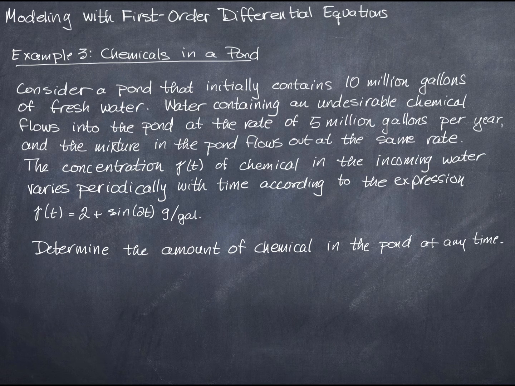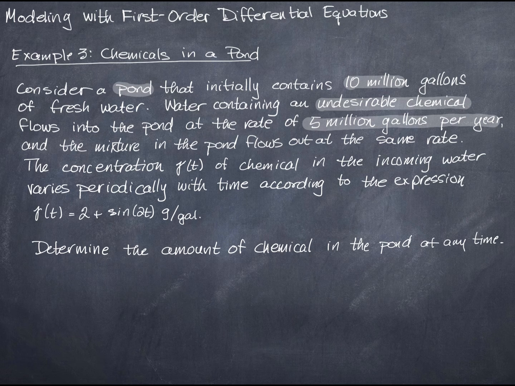Now, here's why I don't think we need to do this problem. If instead of a pond, you have a tank, and if instead of 10 million gallons, you have, what did we have? 80 gallons of fresh water. And if you have, instead of an undesirable chemical, you have salt, and you have a flow rate, instead of 5 million gallons per year, you have a flow rate of 2 gallons per minute.